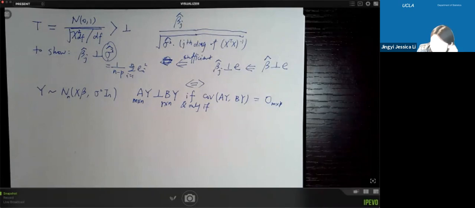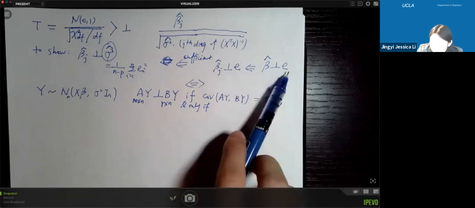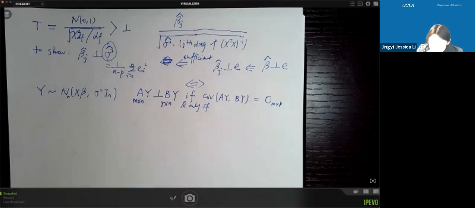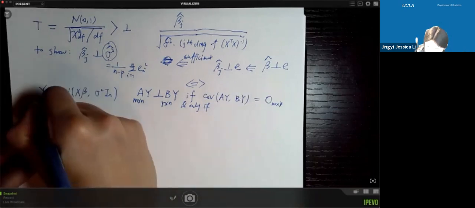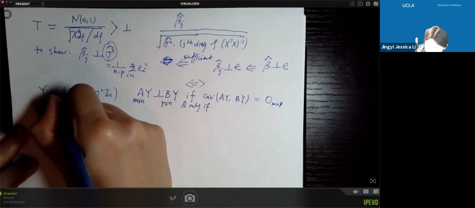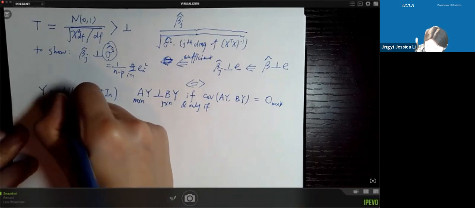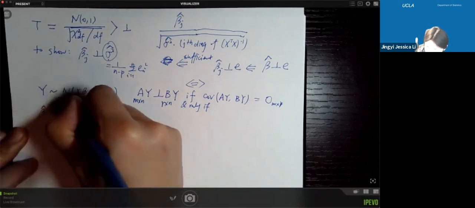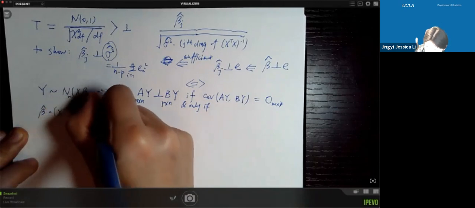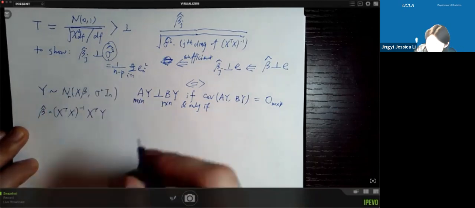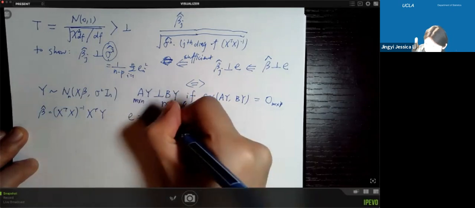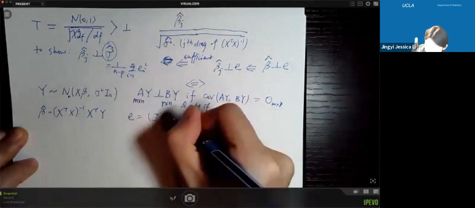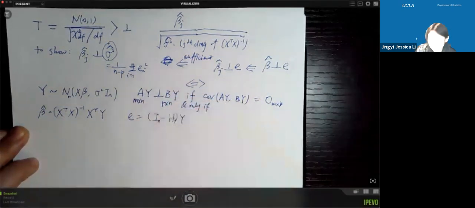So to prove that beta hat and E are independent, we just need to use this property. We know beta hat is X transpose X inverse X transpose Y, and E is the identity minus the hat matrix times Y.